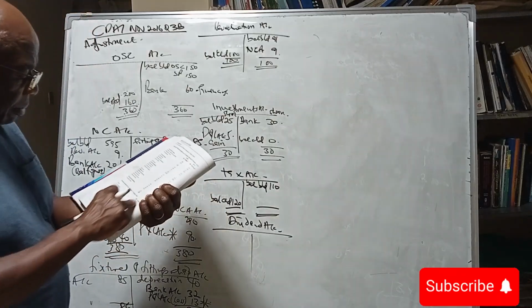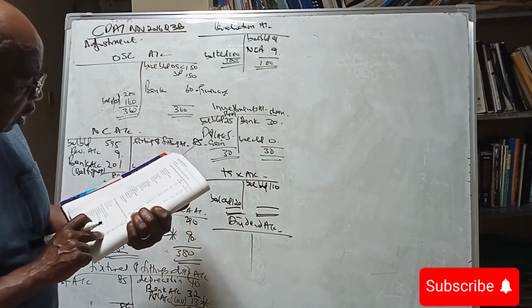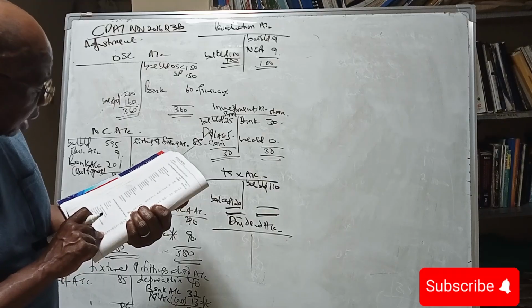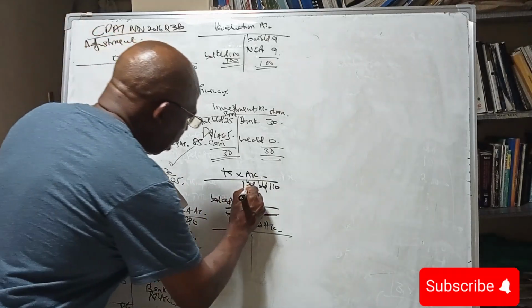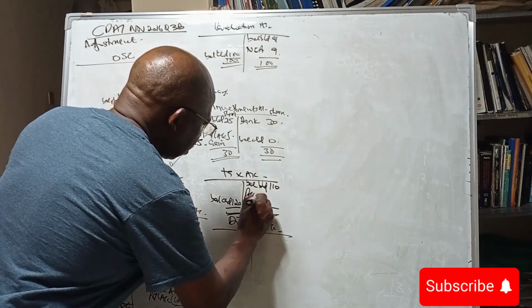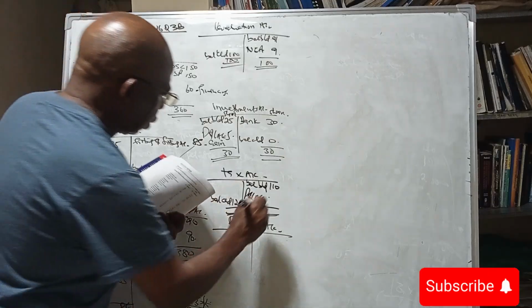Then you go to the income statement to get the charge for the year. Tax charge for the year is 110. So you come here and you say P&L account 110. Tax paid is 140.